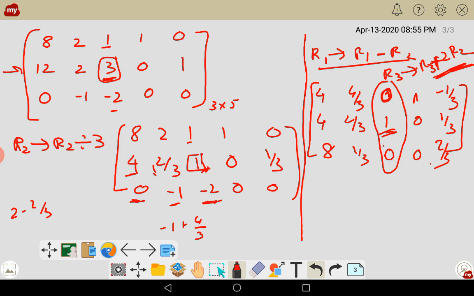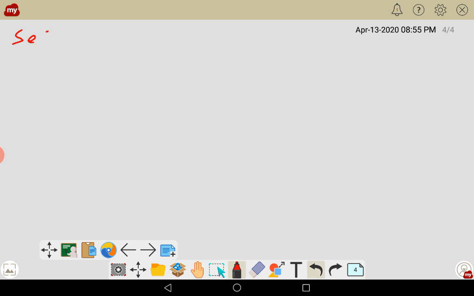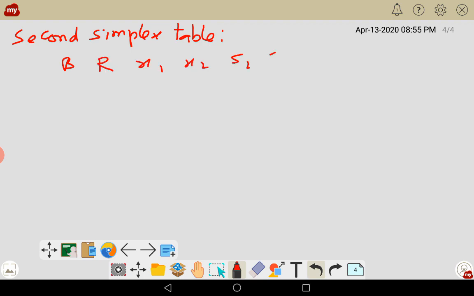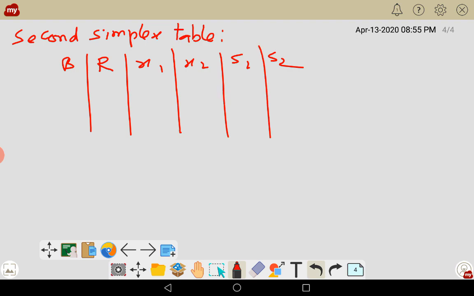That's it. Now we will fill the same elements into the table again. We call it the second table. Now we write the second simplex table. The same: basic variable, right hand side resources, x1, x2, s1, s2, 4 columns, isn't it? 4 other variables, so there are 6 columns.